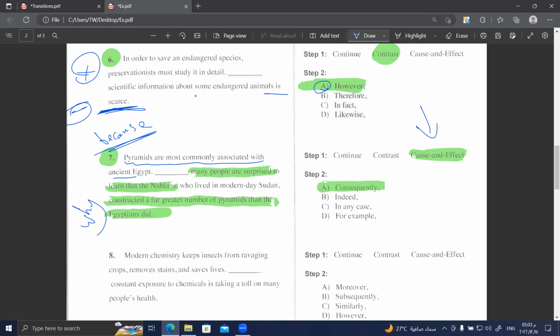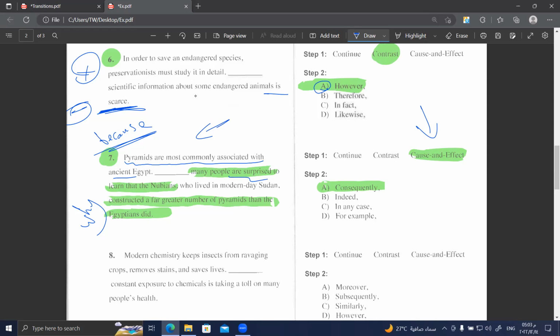Why are many people surprised to learn that the Nubians constructed far greater number of pyramids than the Egyptians? Because pyramids are most commonly associated with ancient Egypt. That is the cause of the surprise. Why are they surprised that Nubians built a far greater number of pyramids than Egyptians?